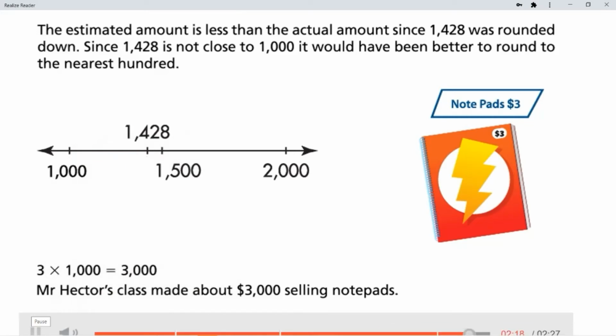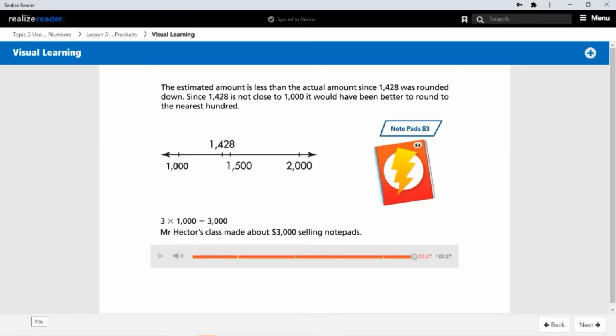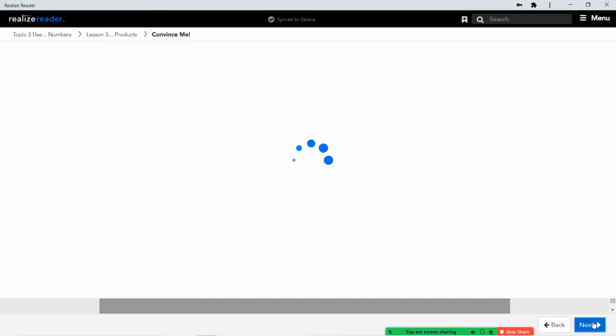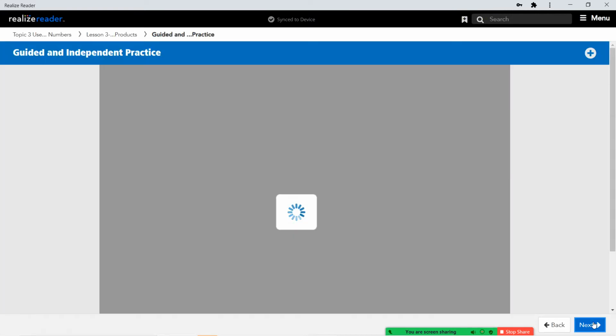Since 1,428 is not close to 1,000, it would have been better to round to the nearest hundred. Okay, so when we are using compatible numbers, we're using numbers that are close to the actual number that we're working with, but it's easier to work with.